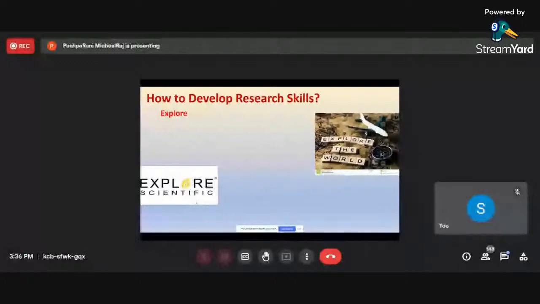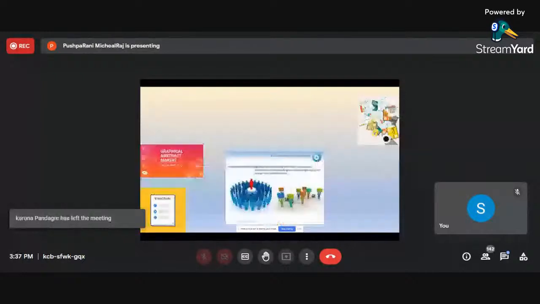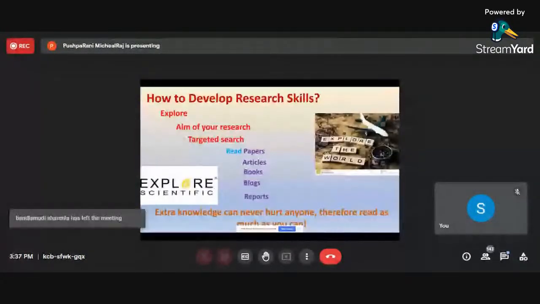So aim of your research, you need to target those research online or offline research, and read a lot of papers, read a lot of articles, read books, and read trusted blogs and trusted websites, and gather information as much as you can. Extra knowledge can never hurt anyone, therefore read as much as you can and collect information and connect the points and give good interpretation to one another.